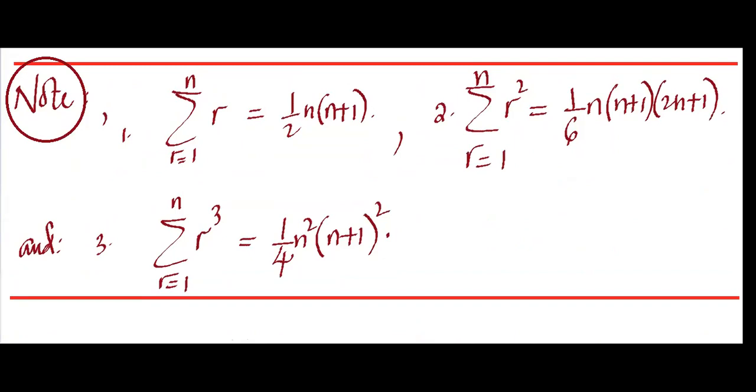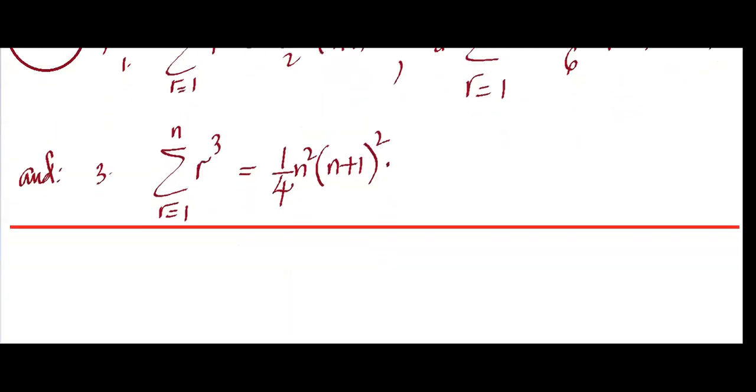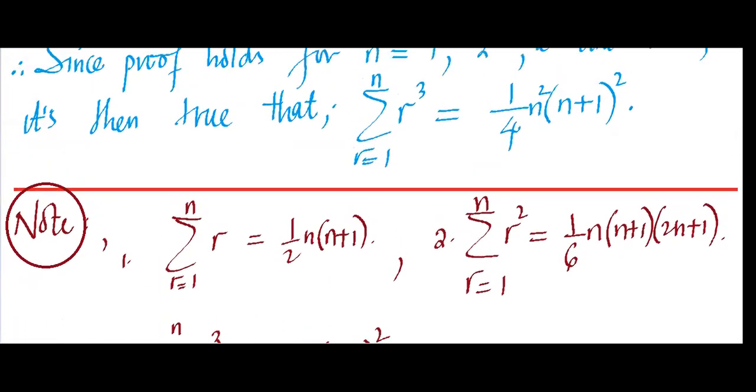When each term is squared, up to n, you get that sum as 1 over 6 into n, n plus 1, 2n plus 1. The same happens if each term is now power 3, up to n, the summation is a quarter n squared into n plus 1 all squared.